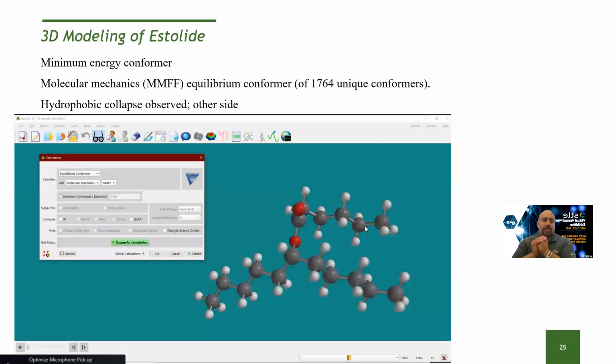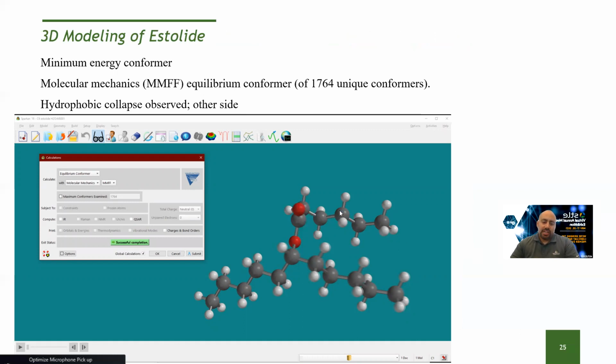But we took it a step further and did 3D modeling of this simple Estolide, and we evaluated the molecular mechanics of about 1,700 unique conformers. Interestingly, on this side of the Estolide, we saw a hydrophobic collapse.